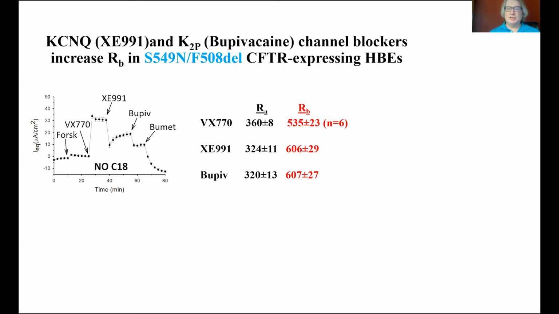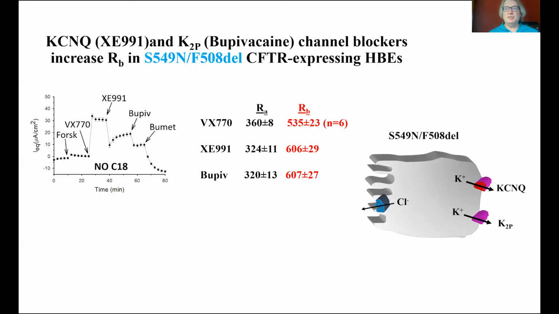So this increase in basolateral resistance would suggest KCNQ channels are located, in this case, functionally on the basolateral side. Given that we saw a block with bupivacaine but really no change in resistance, we cannot at this point determine whether or not these K2P channels are also located on the basolateral surface, although that is our suspicion.